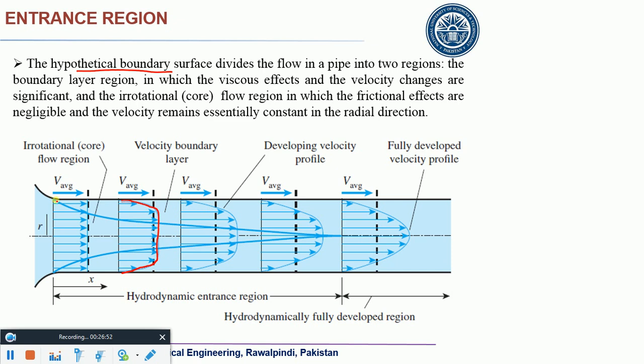So the point is, as it enters the pipe, this boundary layer would start developing. You see, from the top and the bottom wall, this boundary layer would start growing, and there would be a point where those two boundary layers meet each other. Before this point, you have the hydrodynamic entrance region. Beyond this point, to the right of where those two boundary layers meet, this is the hydrodynamically fully developed region.